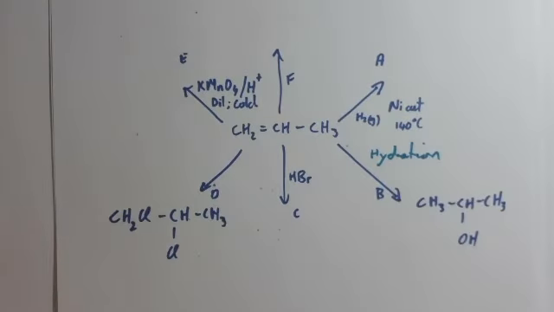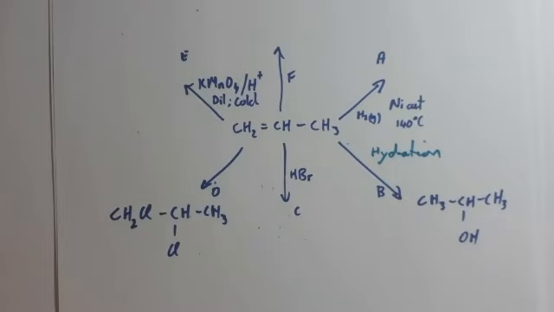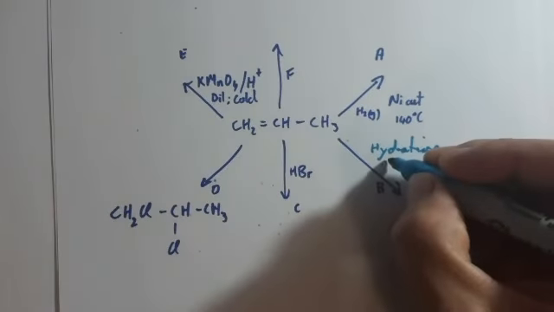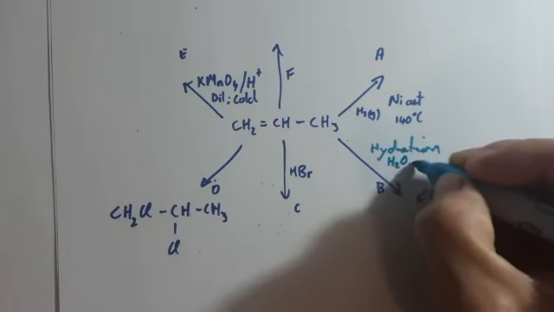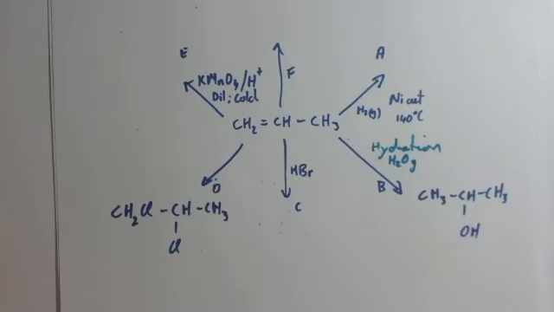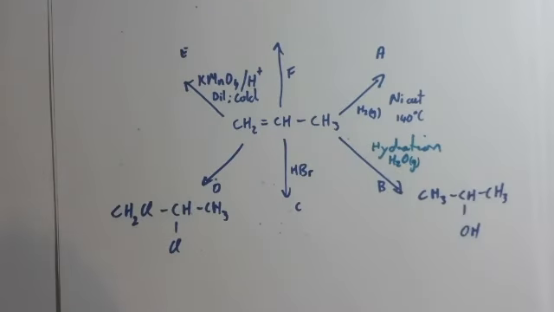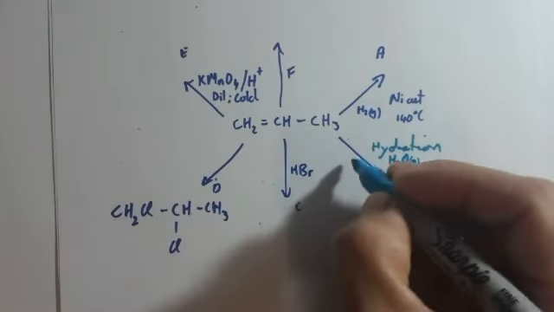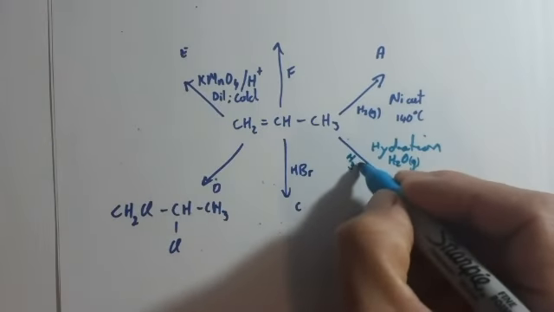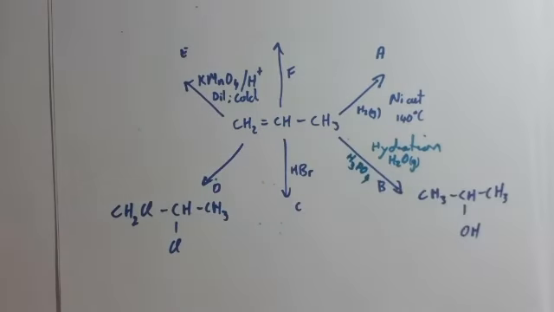What are the reaction conditions for hydration? Well, first of all, reagents. We need water vapor, we need steam in there. That's the first thing. We have an acid catalyst. Usually we use phosphoric acid, H3PO4.